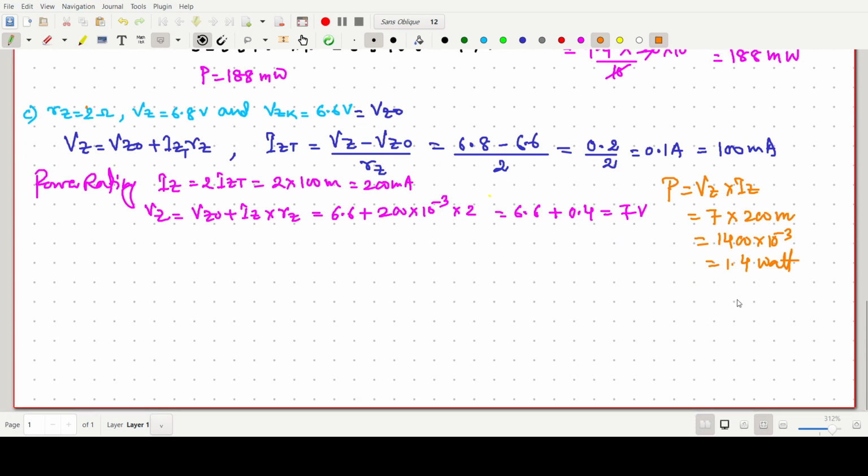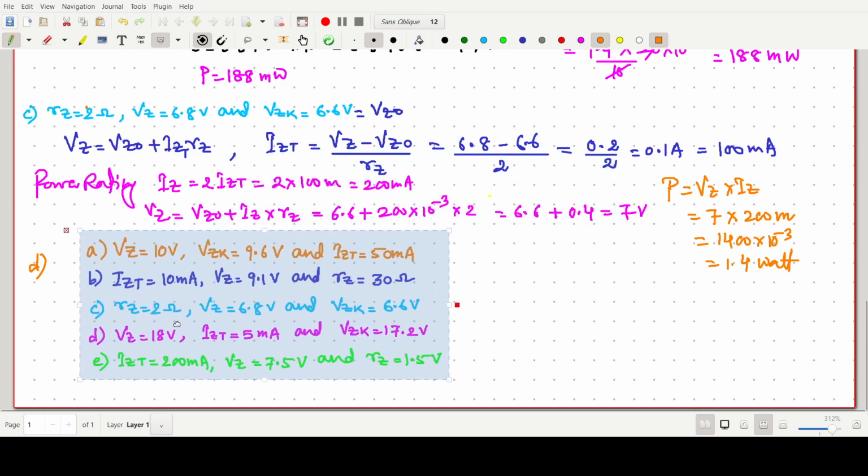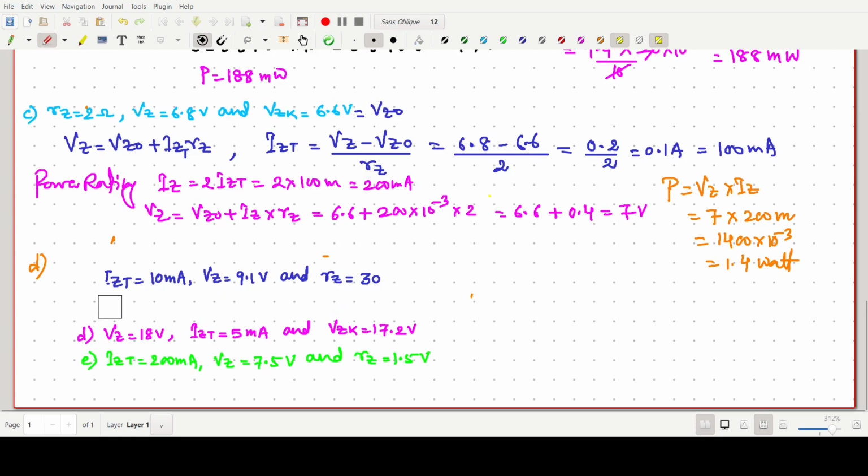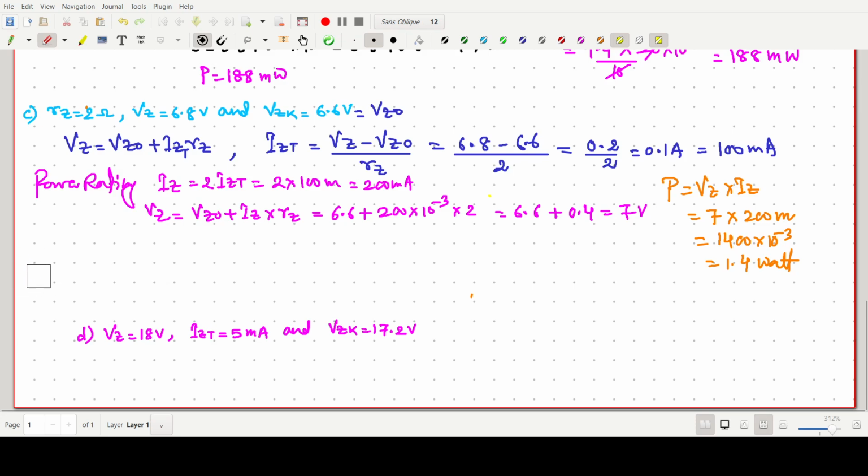Now for the D part, I will solve only the D part and I will write the answer for E. You have to solve that one, and you have to solve the remaining one.